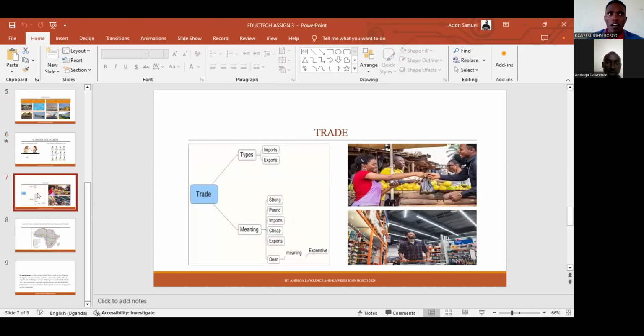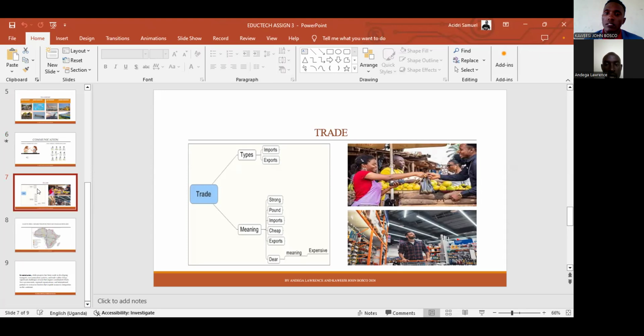So, my dear student, what is trade according to you? Are you seeing the slide, what I'm trying to show you? Yes, to start with, I see the slide. There is a concept map with the central information, trade, and there are types and also meanings of relevant words.